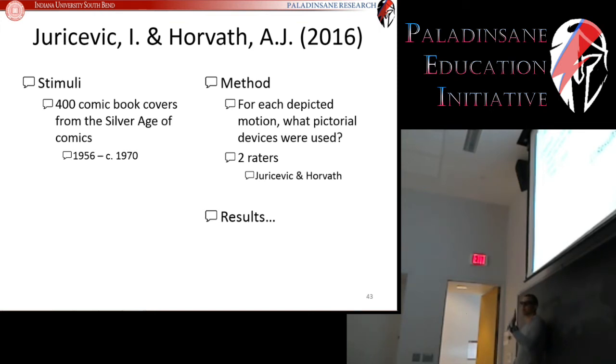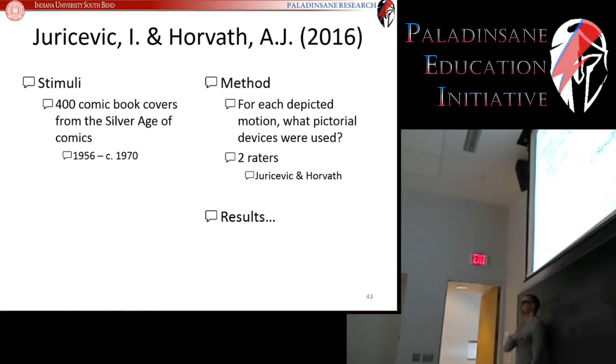They could put 2 devices, 3, all the way up to 5. And importantly, any device could be combined with any other device. So they had the freedom of just doing all literal devices, or they could do literal devices with 1 metaphorical device, or they could do two metaphorical devices and no literal devices. There was nothing that was excluded. There was nothing that was impossible for them to depict with.